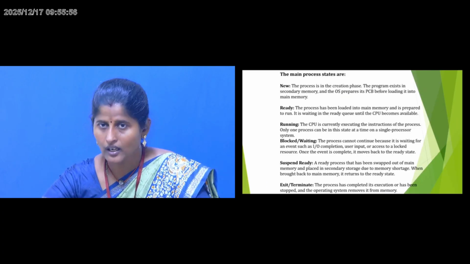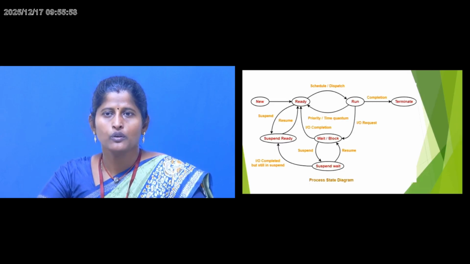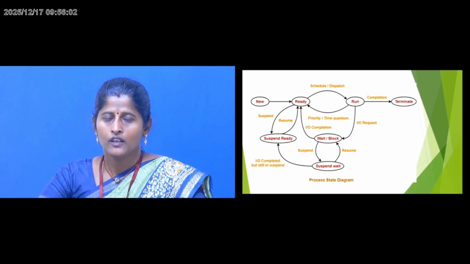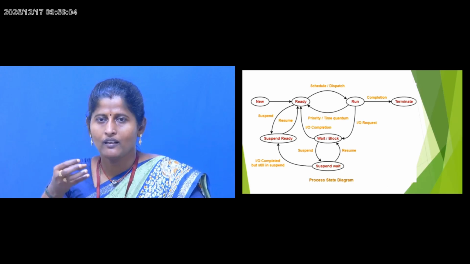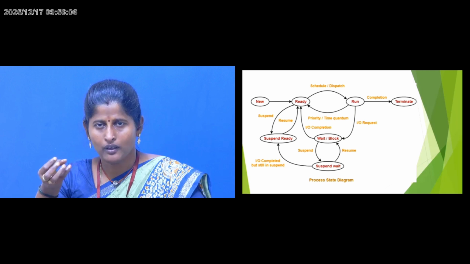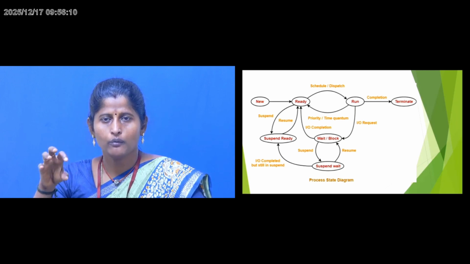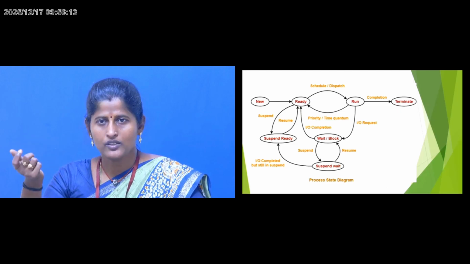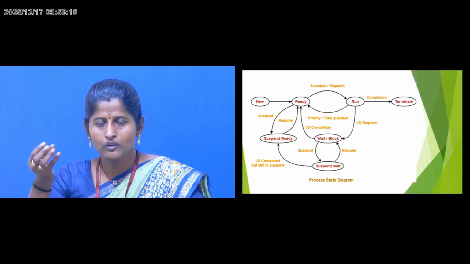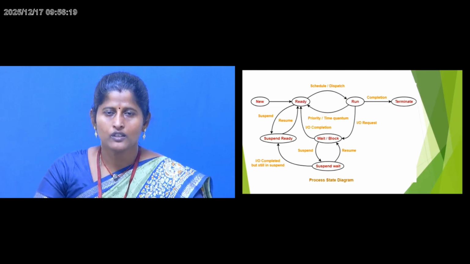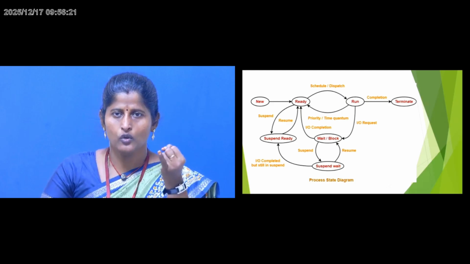The process state is classified into new, ready, run, and terminate. Suppose now we have typed the arithmetic program in C, and now we compile it, and we need to execute it. So now it is new, the object file is created. Now we need to execute that file. So that process is called the new process.